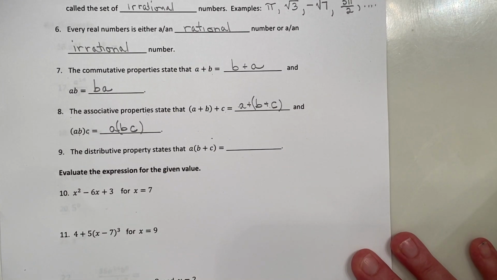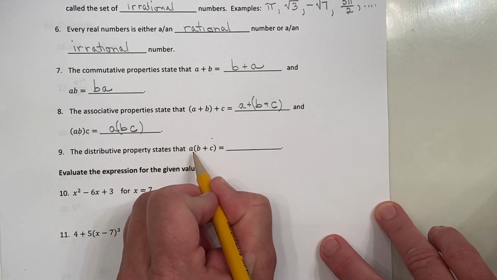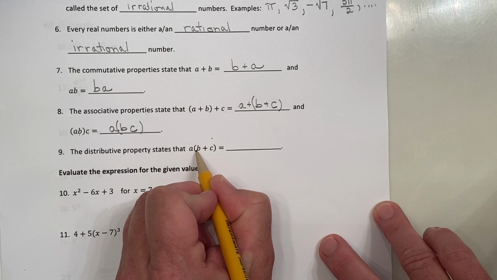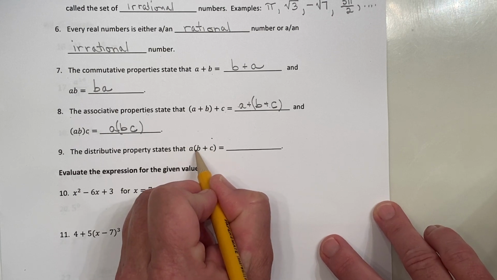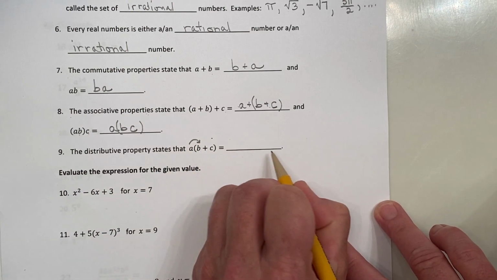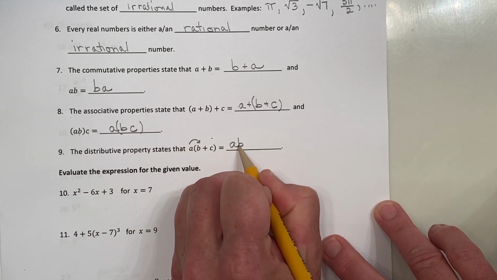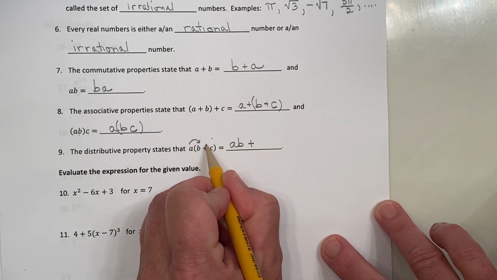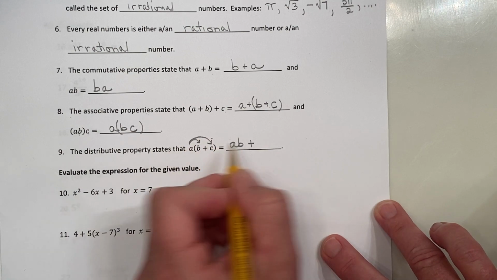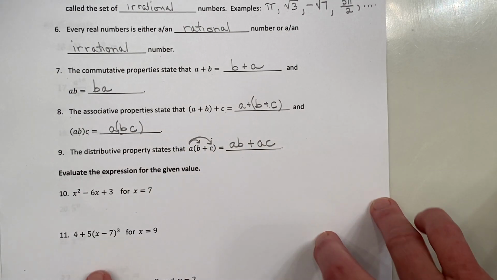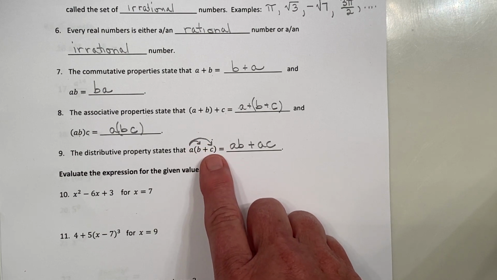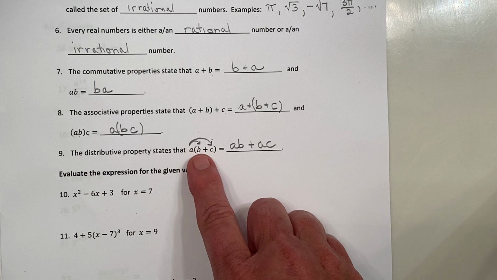All right, the distributive property. It states that when you take a number A next to a parenthesis, this implies multiplication, when I multiply A times the sum of two numbers, the answer is found by multiplying A times B, plus, if this had been a subtraction this would be minus, the product of A times C. So what this says is I can add these two numbers together first because they're in parentheses, and that's the order of operations.